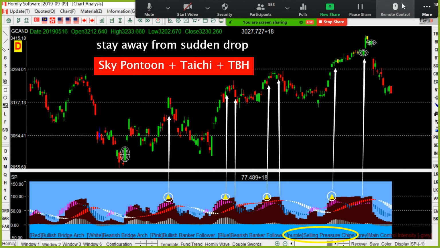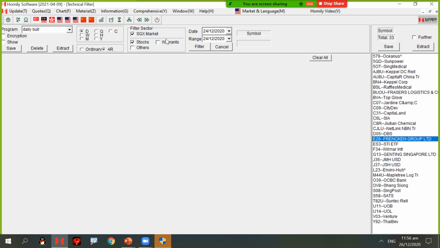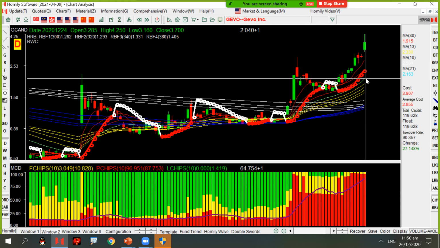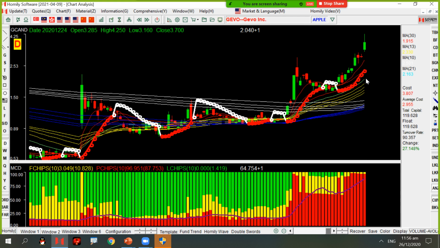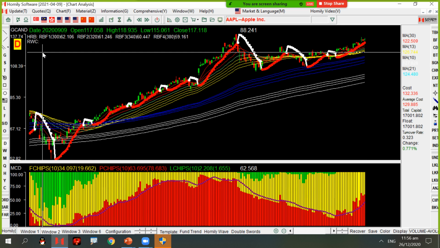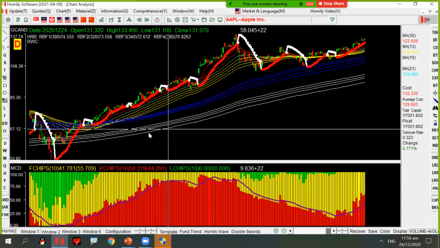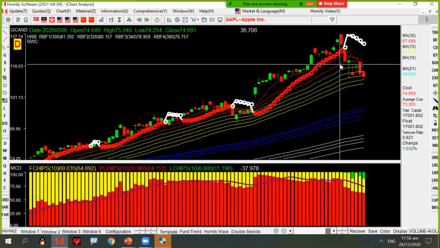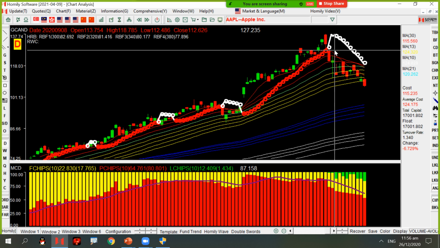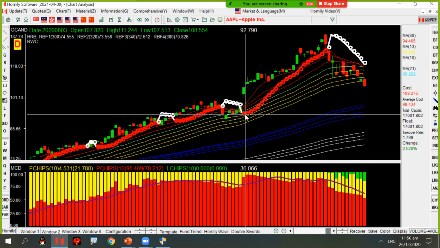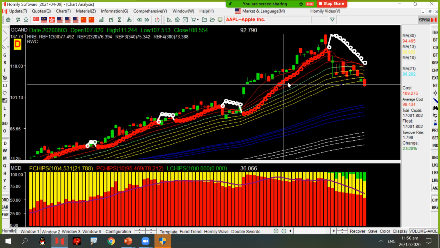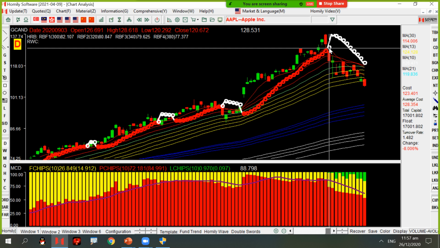Like in early September, Apple got an alert. I shared Apple with you. Then I open the chart. If you use the red and black circle, you can also avoid the drop of early September for Apple, right? First red circle to buy, all the way red circle to hold, then the first white circle to sell.